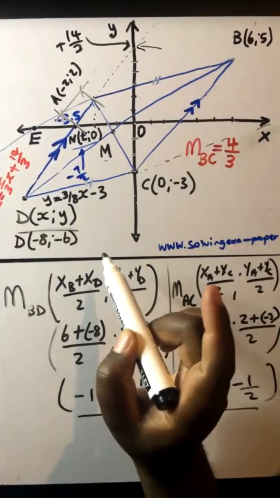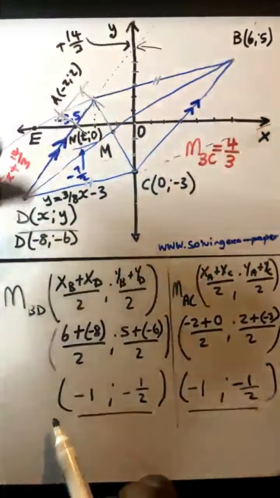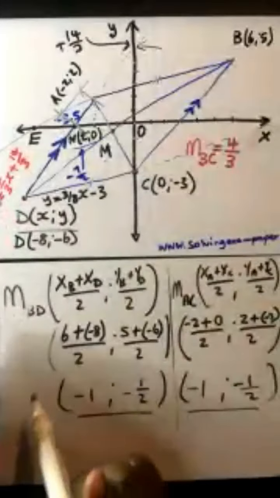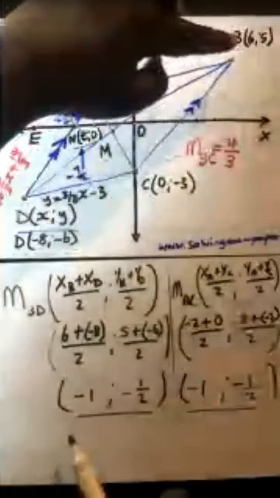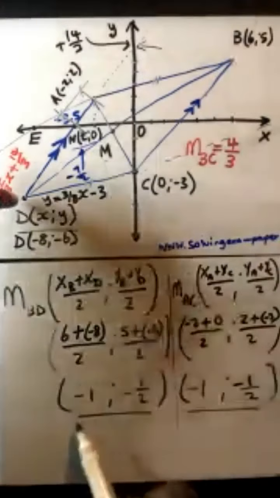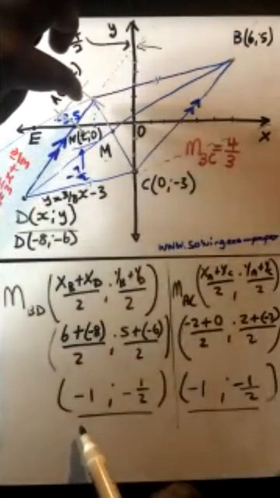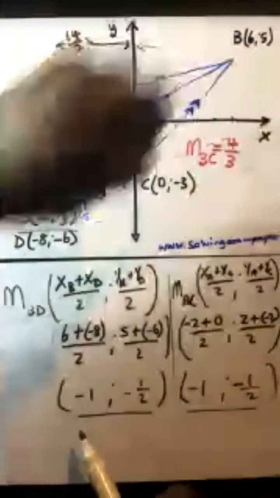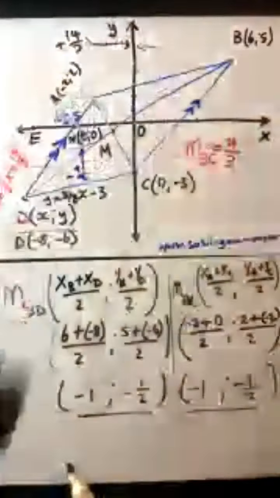Second, this is the midpoint of that line and that line. It also means this line and that line must be parallel. The length of this must be the same as that length. Similarly, that length must be the same as that length.